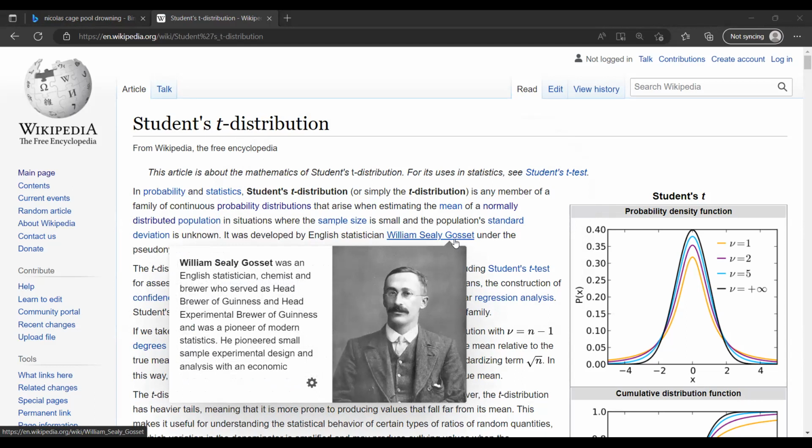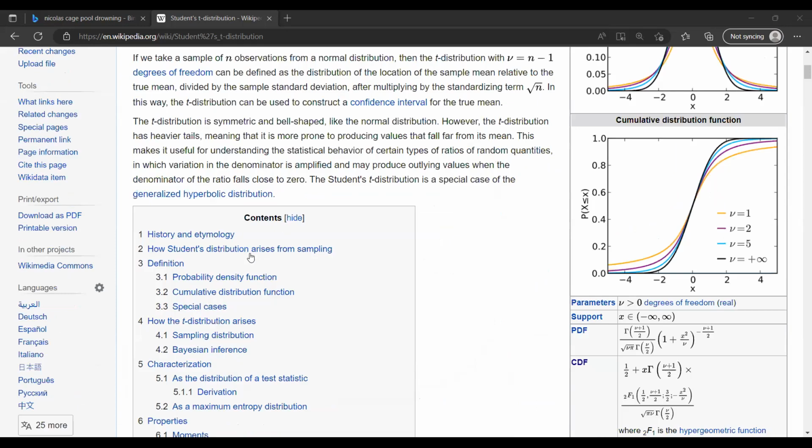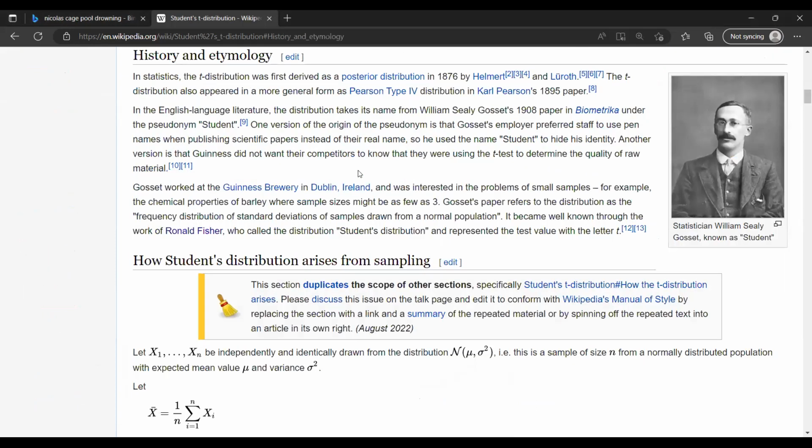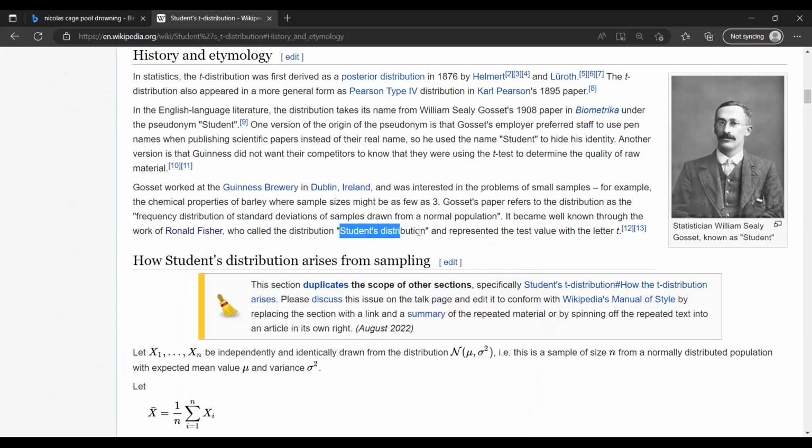And it was published under a pseudonym, not to reveal, I guess, since this guy was working at a brewery, that he was using statistical tests to perhaps improve the product. I don't know if it's a legend, but that's a story I know. If you look at history, yeah. Anyway, it's probably somewhere here. Although Fisher is mentioned, I see. Okay, so Fisher gave the name of Student's distribution.